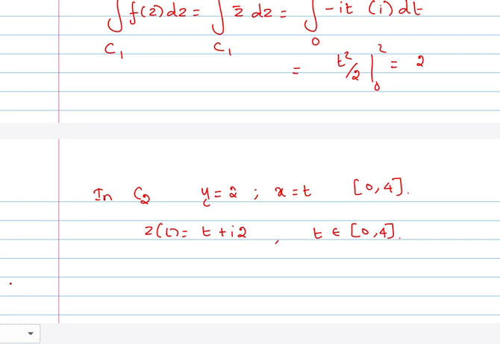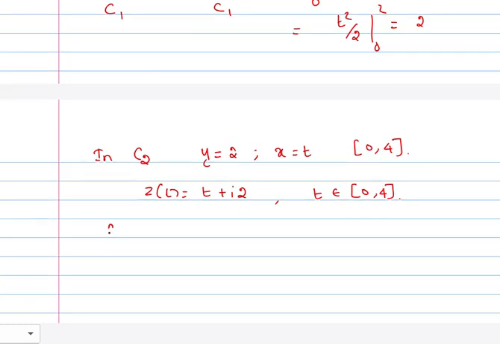My next step is to find the integral over C2 of f of z times dz. The curve C2 goes from 0 to 4, and z bar of t means t minus 2i times the derivative, which is 1 times dt. If you integrate, you get 8 minus 8i.